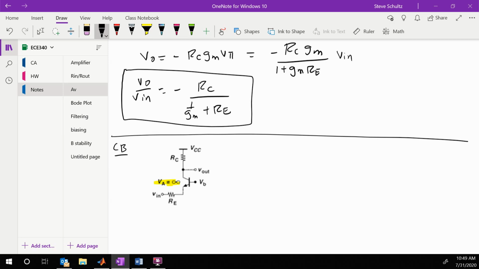So we start with our standard small signal model, R pi, V pi, GM V pi. There's no RO. So this is our collector, this is our emitter, this is our base. So let's start with the base. The base is just going to be some DC biasing voltage, so that's just going to be ground. And then we're going to have an RE.